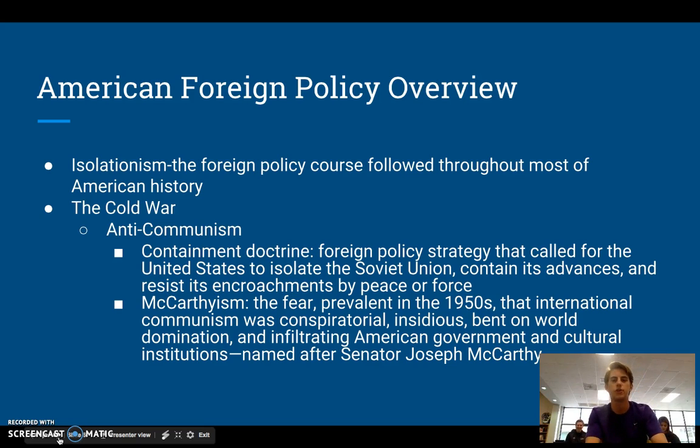It's basically to limit communism and its advances throughout the rest of the world. And then next we have McCarthyism, which is the fear prevalent in the 1950s that international communism was conspiratorial and that it would spread around the world.